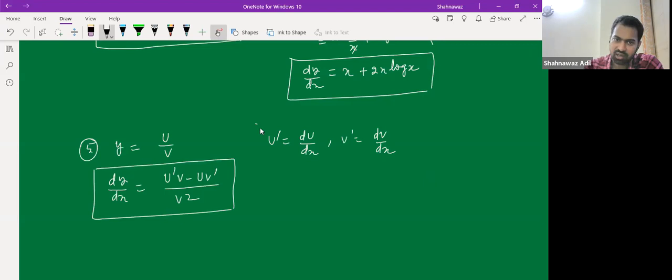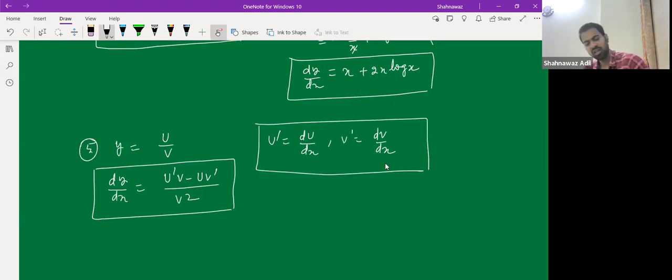So these are the 5 rules, and those are the special functions: trigonometric, logarithmic, exponential, and algebraic. So this much we need to know for the physics part. But if you have mathematics, then there are more complicated things, right?